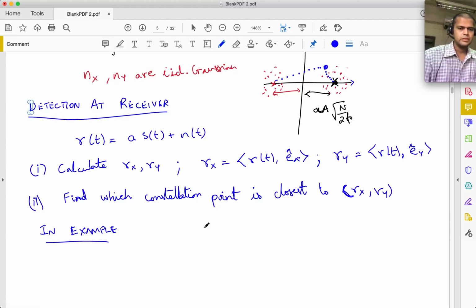We are just transmitting either a signal here or a signal here. We are not transmitting anything on the y component. So if Rx is greater than 0, then we detect 0.